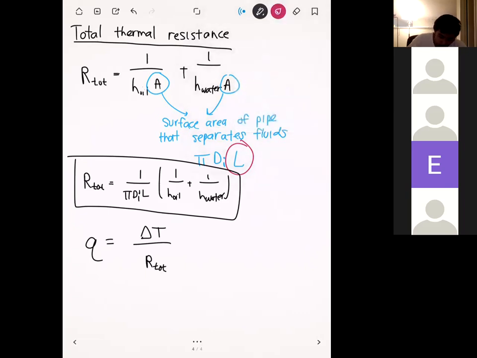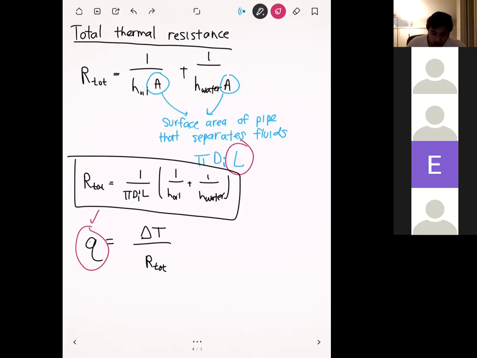We can compute Q because we know the inlet and outlet temperatures for the oil, and then we can use that Q to compute delta T as well.